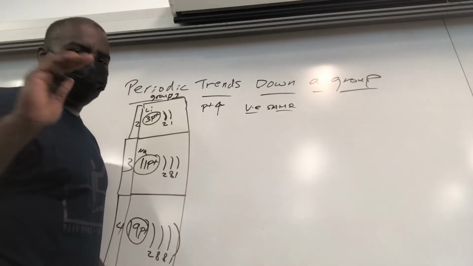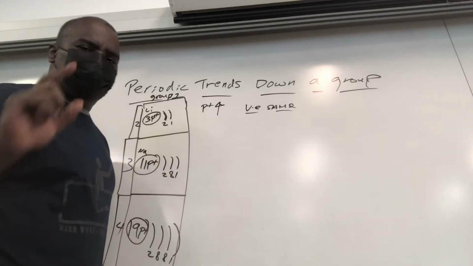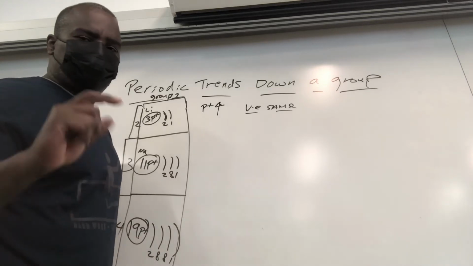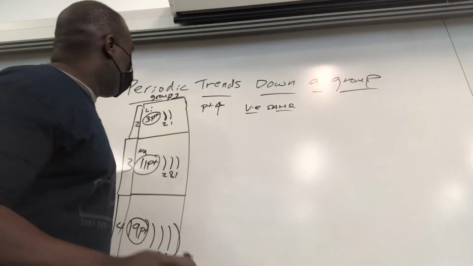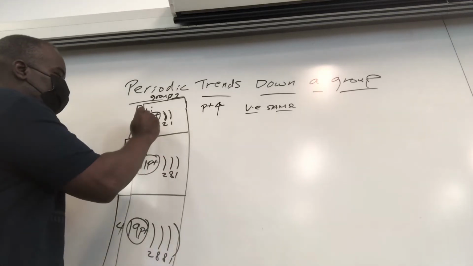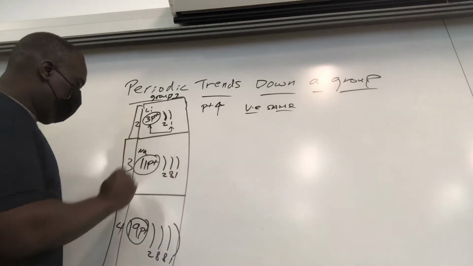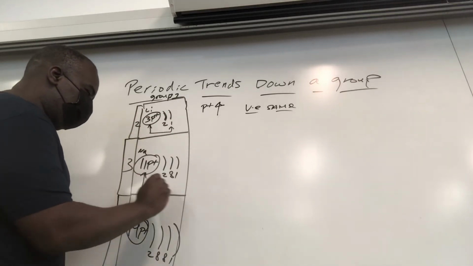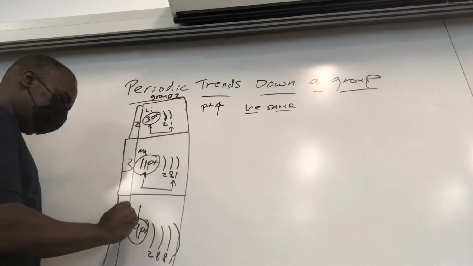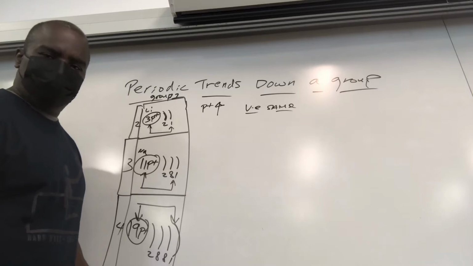But before we even say that the attraction is increasing as we go down, we have to analyze 2 things that affect attraction. And we agreed the coulombic attraction that we're talking about is between the protons in the nucleus and the valence electrons.